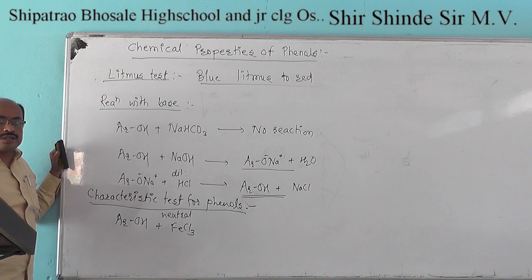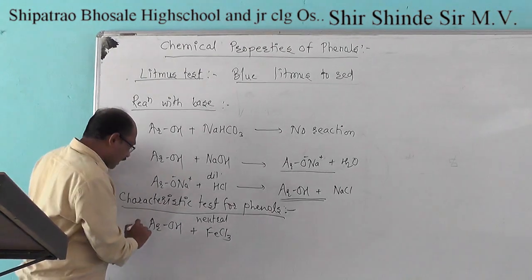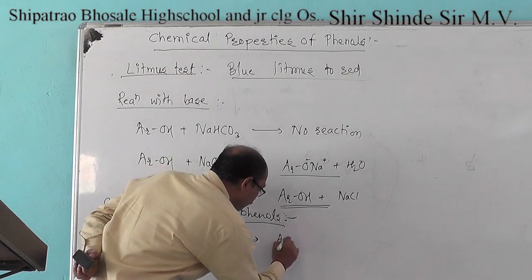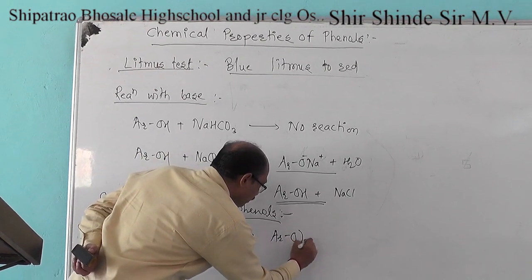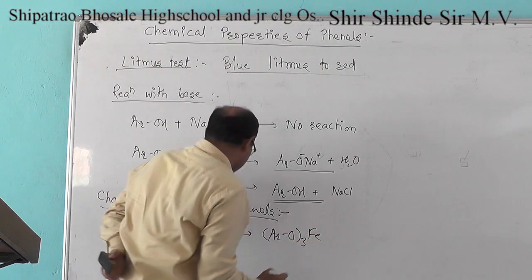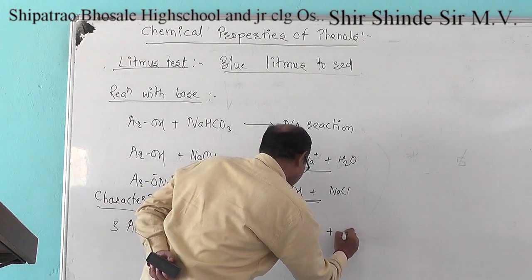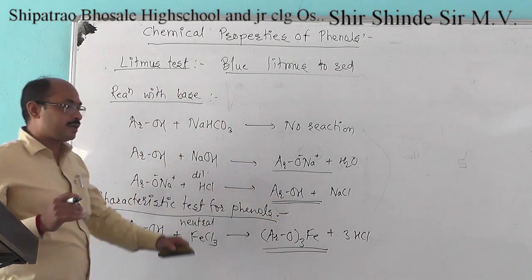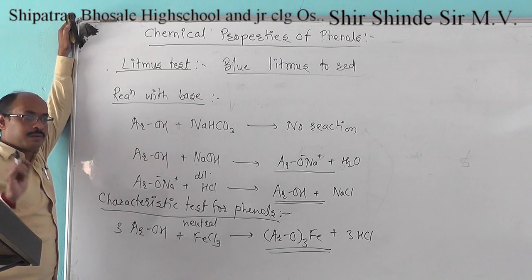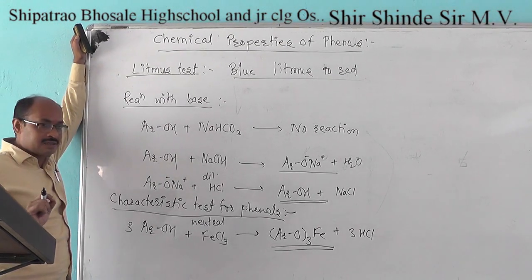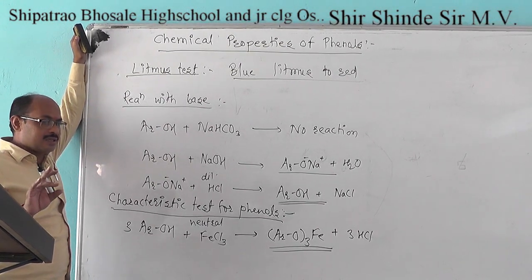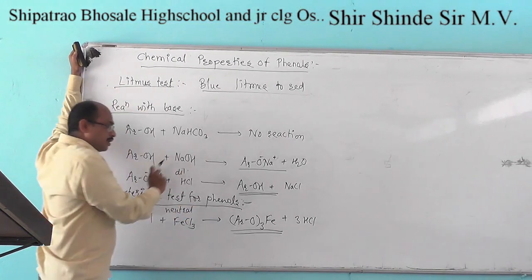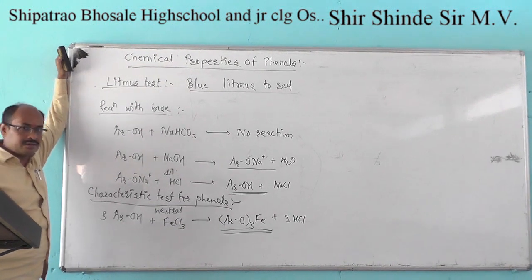Phenol on treatment with neutral ferric chloride gives us the formation of deep coloration, green, purple or violet. These three are the colors. Out of these three, we are having one coloration of the ferric phenoxide.